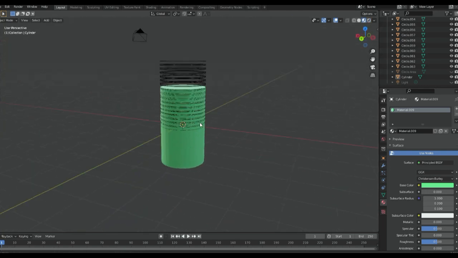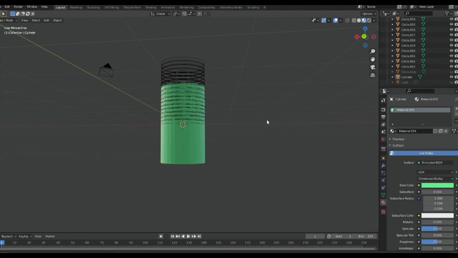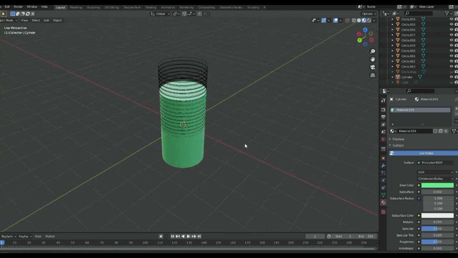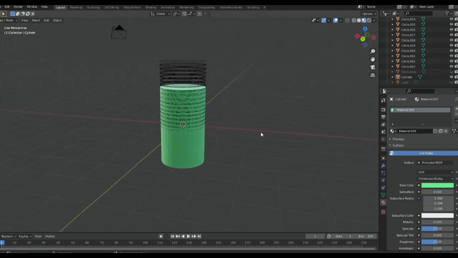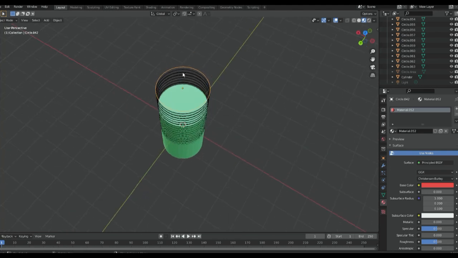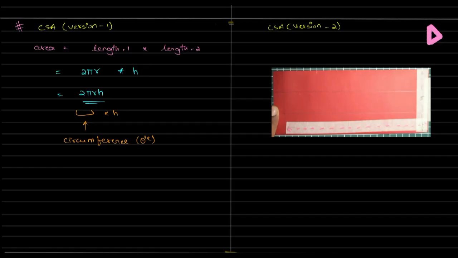The top and the bottom are not spoken of now. We're just talking about the curved surface area part. So we can clearly see that it would be the circumference of a circle, right? One of these being added many times will give you your area of the cylinder, the curved surface area of the cylinder, to be very specific.